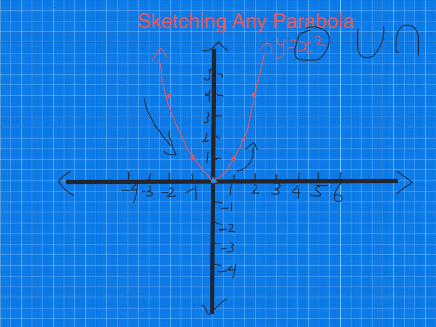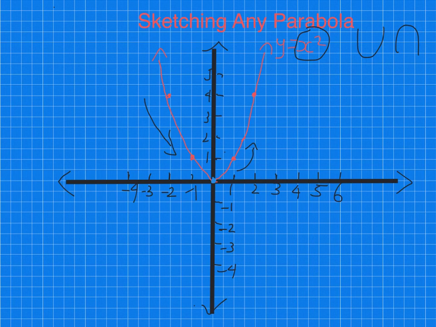So when you square -1 and get 1, that's the same as when you square +1. They give you the same answer.